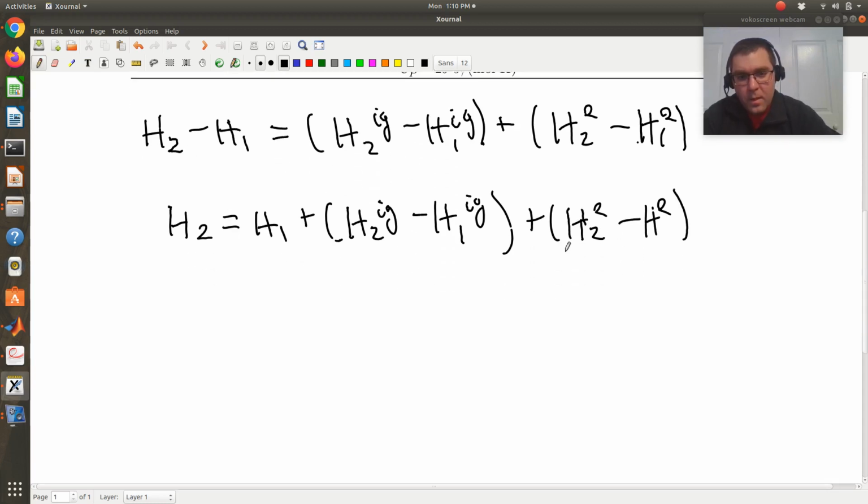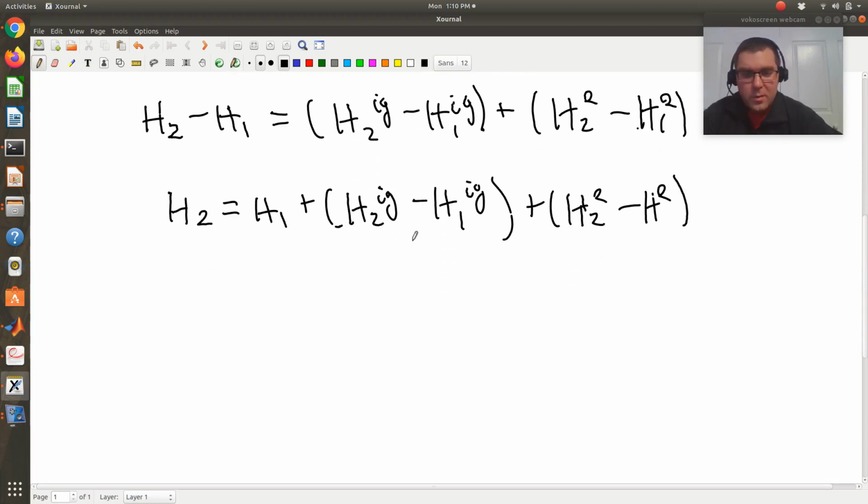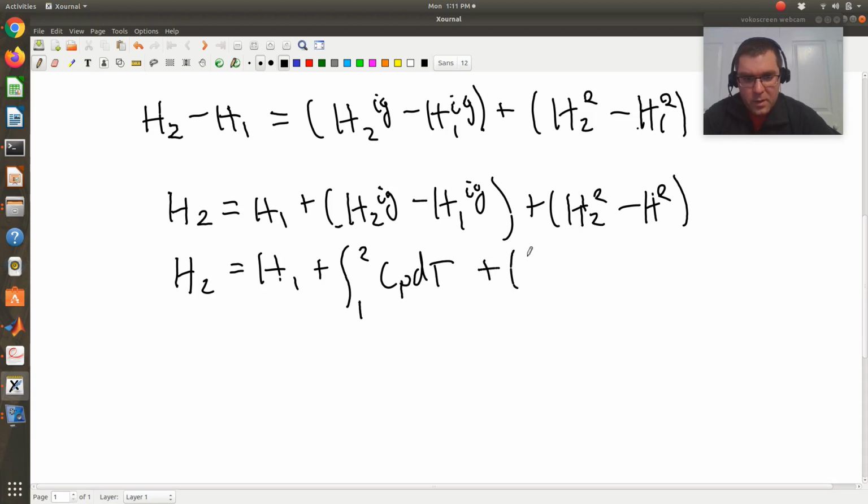And then from here, I'm going to take my difference in ideal gas values and write that as the integral of Cp dT. So H2 is equal to H1 plus the integral from 1 to 2 of Cp dT plus H2R minus H1R.